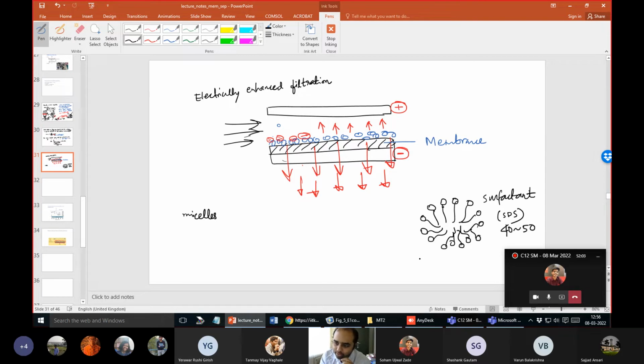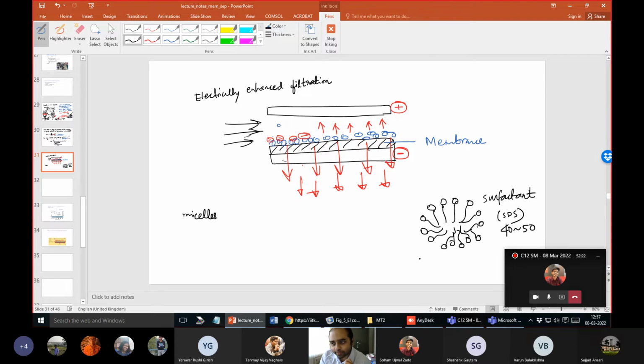To remove this, I need an RO grade membrane, and RO itself is very low permeable. So the flux in RO membranes is very low, because it is very non-porous, with a very small size that can screen out these small particles.